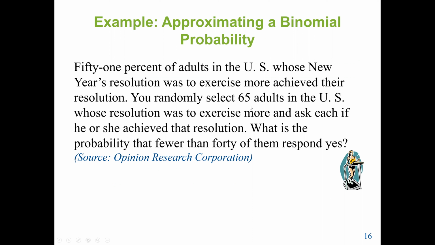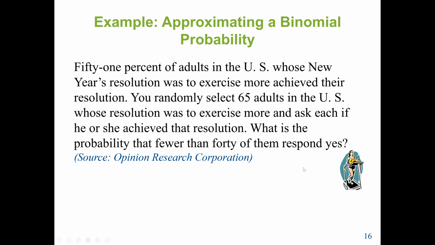Now we randomly select 65 adults in the US, so our n will be 65, whose resolution was to exercise more, and ask each if he or she achieved their resolution. What is the probability that fewer than 40 of them respond yes?